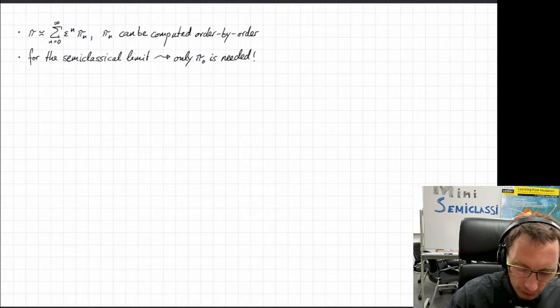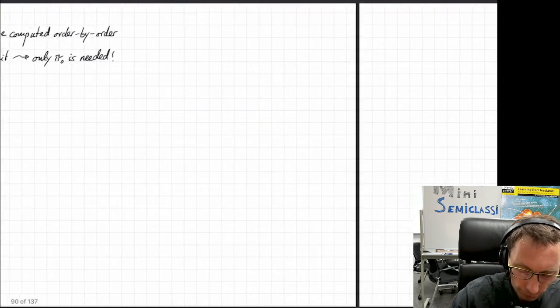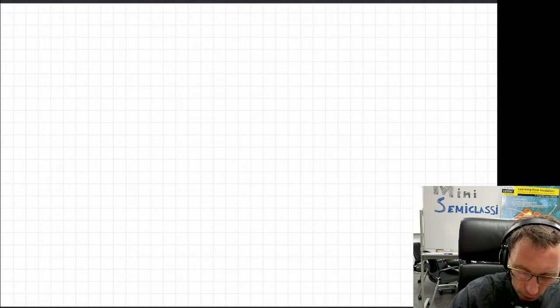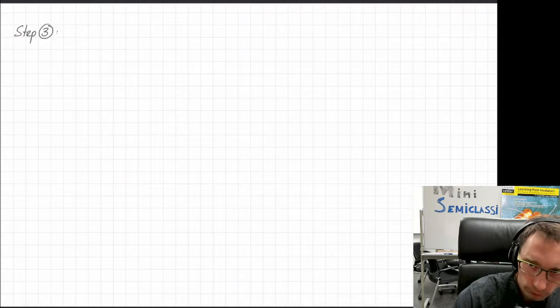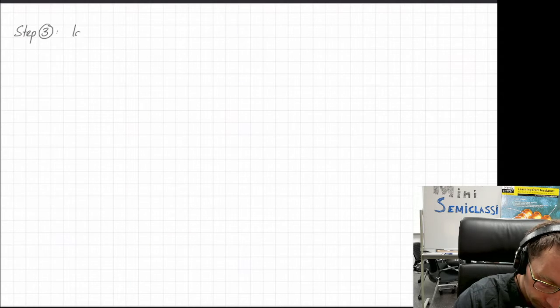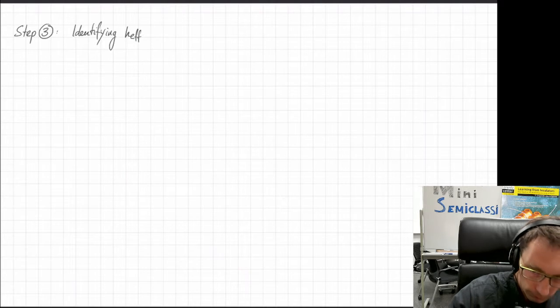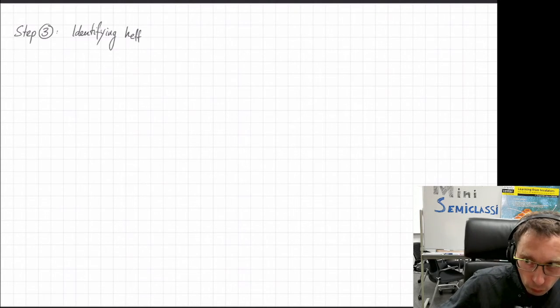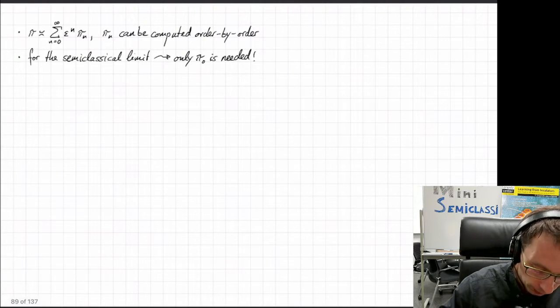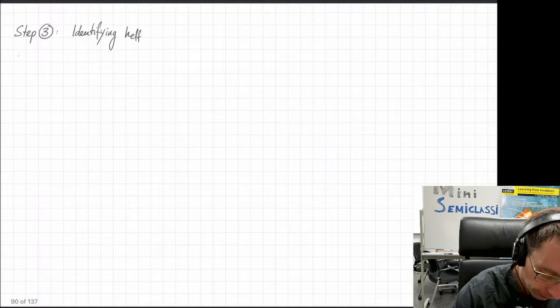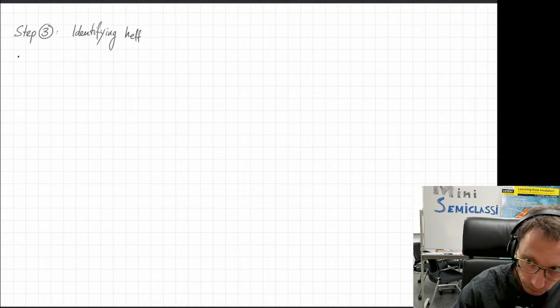So the next bit is the identification of the effective Hamiltonian, and I would like to be brief here. And what do we do here? So morally speaking, and that's because I'm skipping some steps that are important.